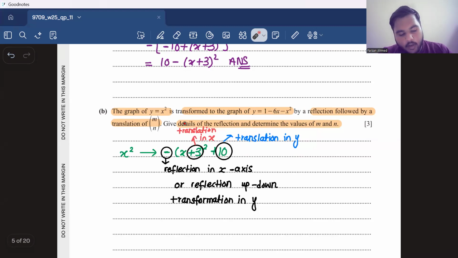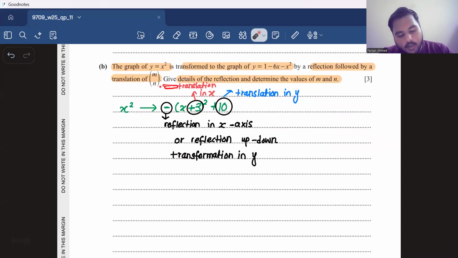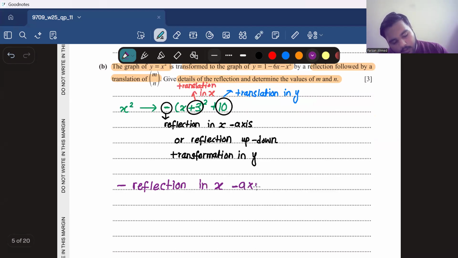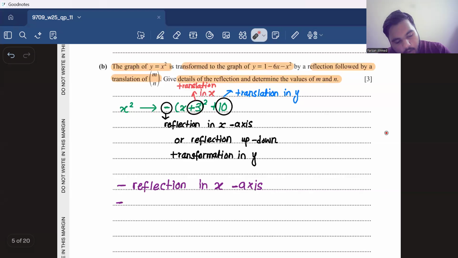Now, we have to give the details of the reflection and determine the values of m and n. The first detail is that it is a reflection in the x-axis. What is the value of m and n? For m, this is an x value and this is a y value.